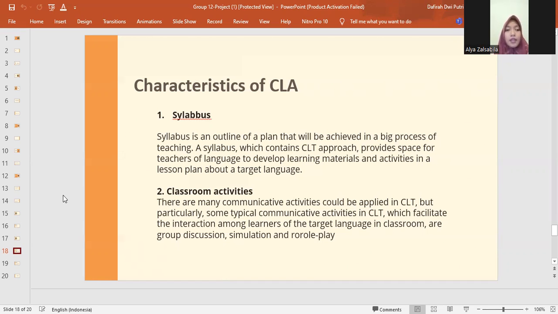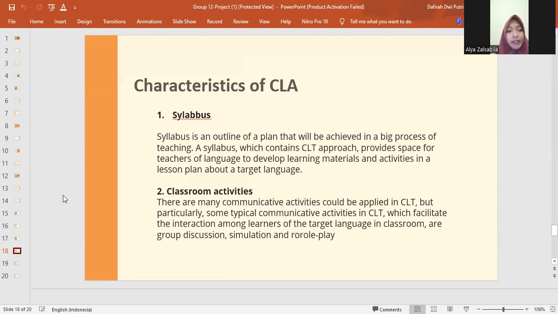All those functions in the syllabus create communicative language teaching by different realizations based on the form of specific roles in specific situations.